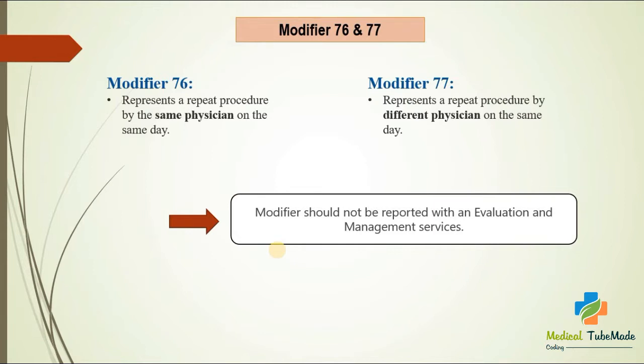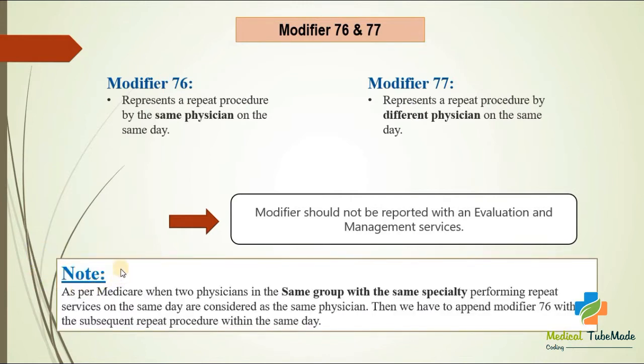In that case, if the same physician orders the same procedure again, we should use modifier 76. And if the second time a different physician orders it, we need to use modifier 77 for that x-ray or any service. We should not use modifier 76 and modifier 77 with any E/M code.